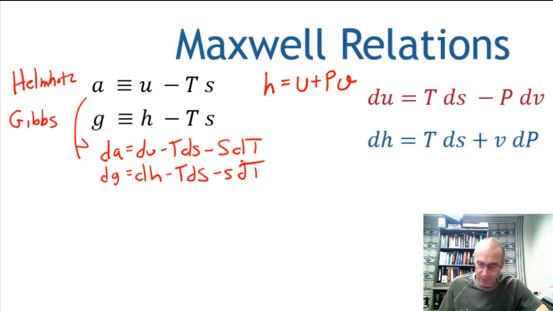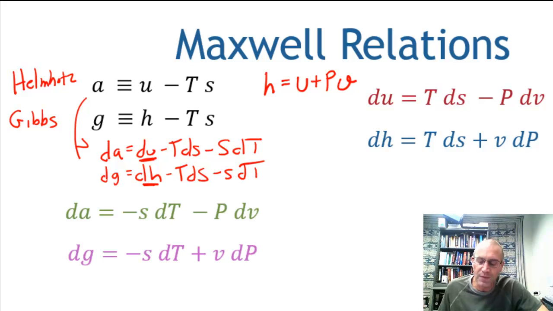Now I could substitute in for this dU the relation from the first TDS relationship, and then I could take the second TDS relationship, substitute in here for dH, and do some simplification. If I did that, I'd end up with these two equations I show in green and in purple. They look like TDS relations where we've got this dA term, but they're just subtly different.